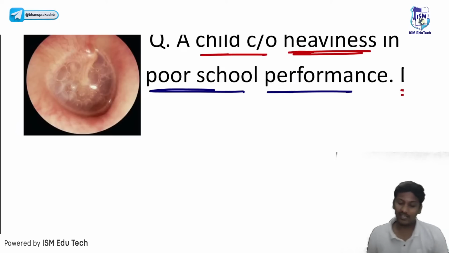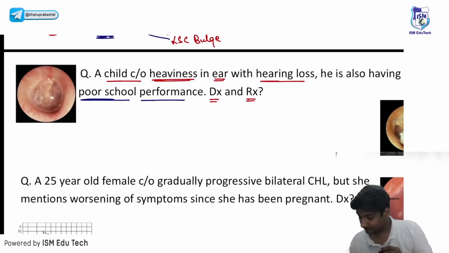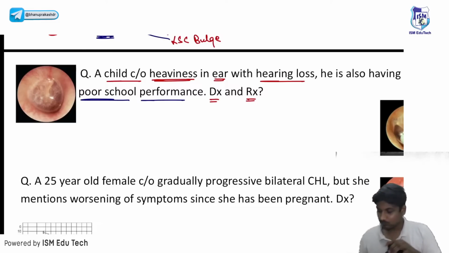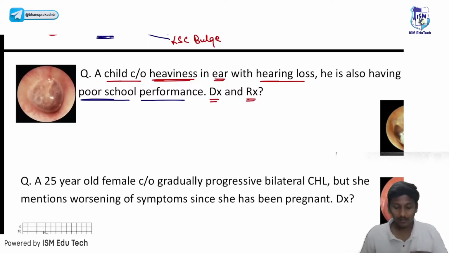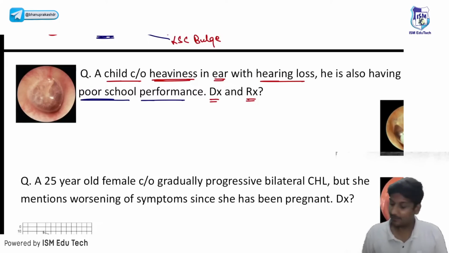Okay, the child has heaviness in the ear, hearing loss, poor school performance. Please tell me the diagnosis, guys. Please tell me the diagnosis.